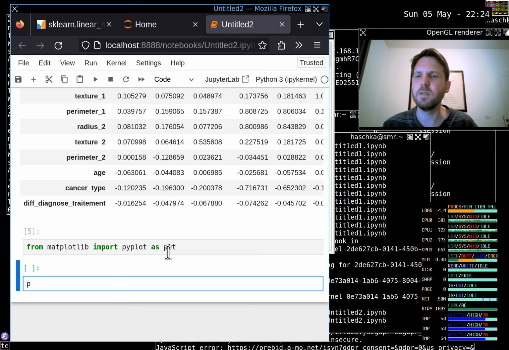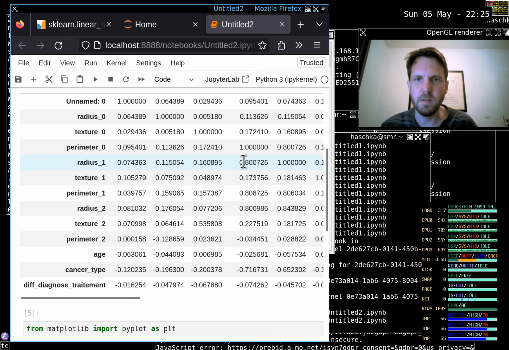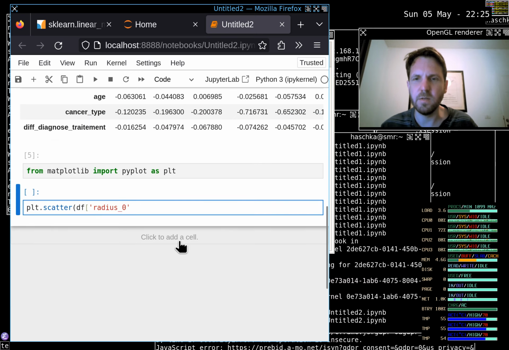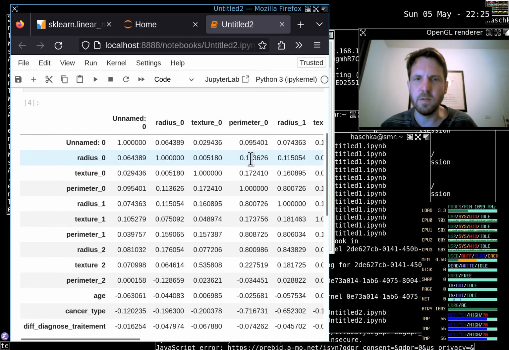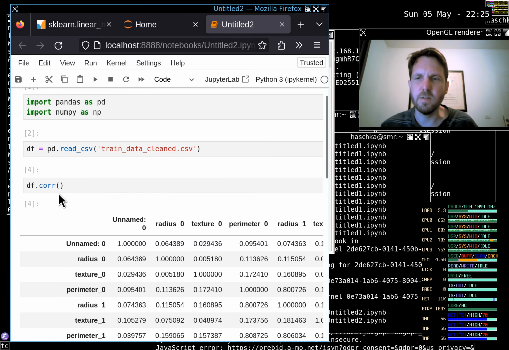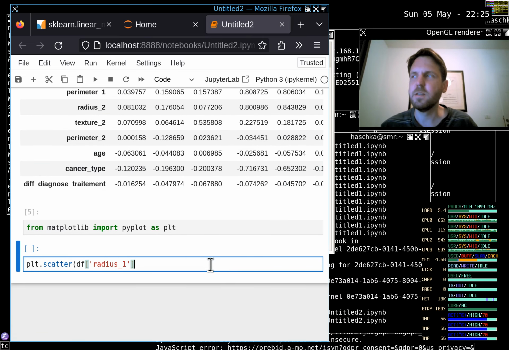So plt scatter, and then I can do something like data frame radius 1 and parameter 0. We skip radius 0, as we see that with radius 0 the correlation is rather low. So quick overview, df corr gives us the Pearson correlation between the columns. Very easy. So we have df1, and we want to plot this.